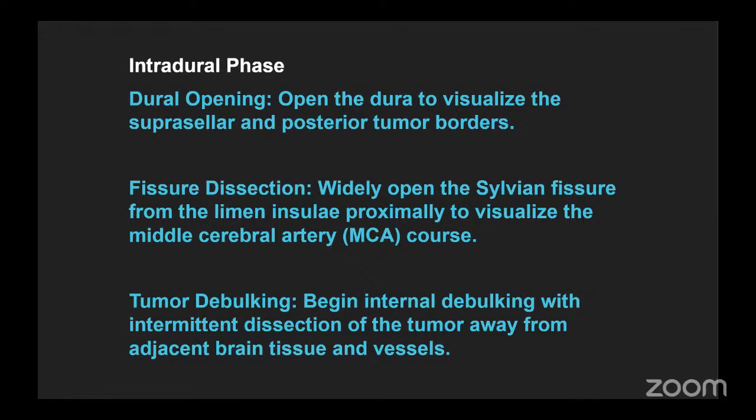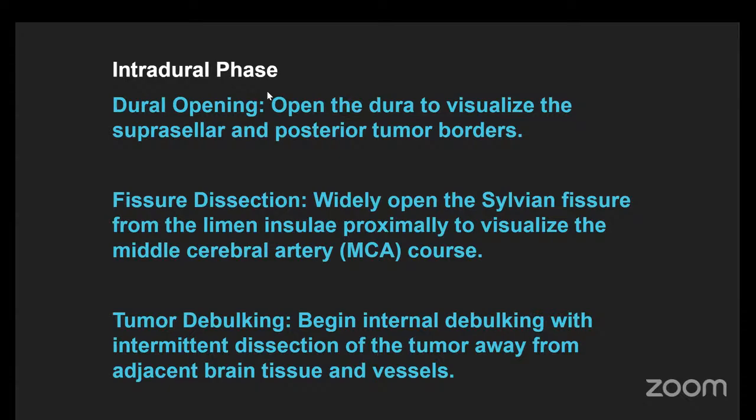After the dural opening, it depends if you are going to need the sylvian fissure dissection or not. It will depend on the morphology of the lesion and how deeply it is involving MCA branches and the sylvian fissure. If there is no significant involvement, then you would not need to open the sylvian fissure, but you should know that that is also a technique.